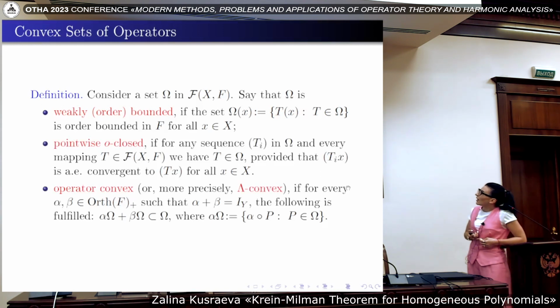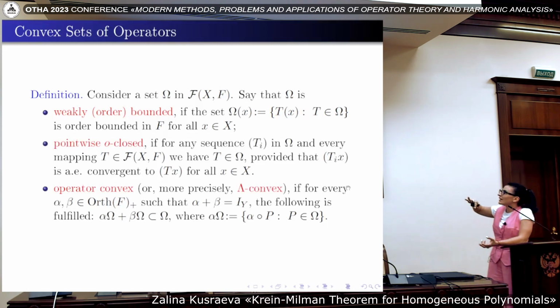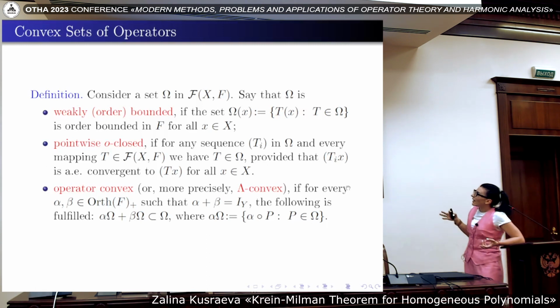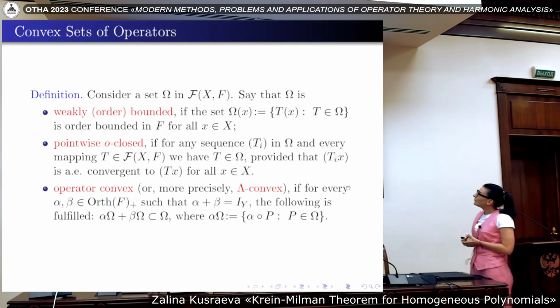First of all, let me denote by F^X the space of all mappings acting from X to F. We say that a subset Omega is weakly order bounded if Omega(x), the set of all values of T at x, is order bounded in F for all x.